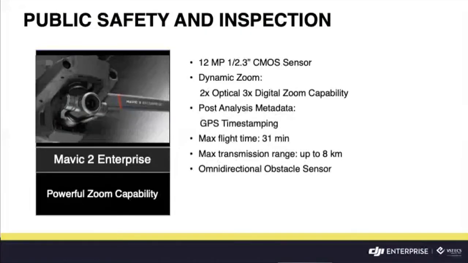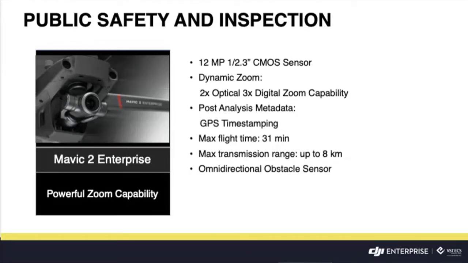So the first model we have is the Mavic 2 Enterprise. With its powerful zoom capability, it is usually used in public safety and inspection. It is designed to empower a new generation of workers. The Mavic 2 Enterprise is the ultimate expression of a tool that delivers beyond expectation to meet current workplace challenges and future demands.